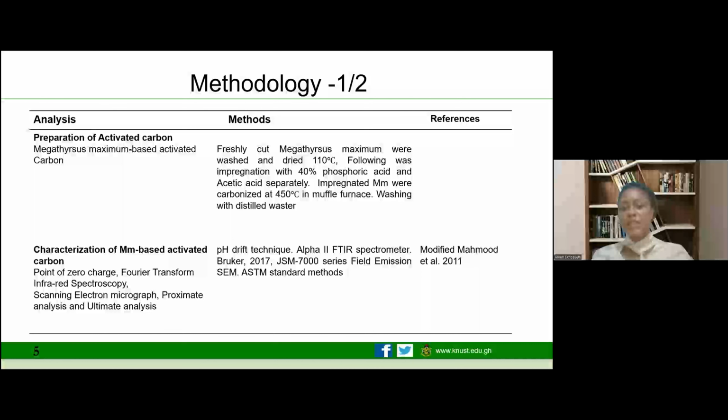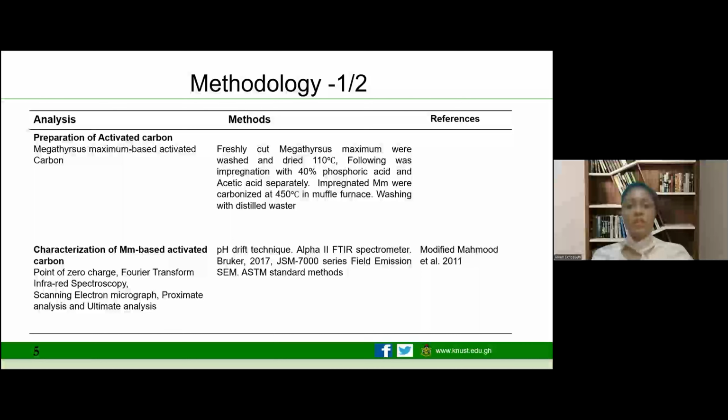Thereafter, we carbonized. After carbonization, we sieved with a 1 millimeter to 2 millimeter sieve, and they were kept away. So we characterized using the point of zero charge, the Fourier-transform infrared spectroscopy, the scanning electron micrograph, and of course, we did perform the proximate and ultimate analysis.